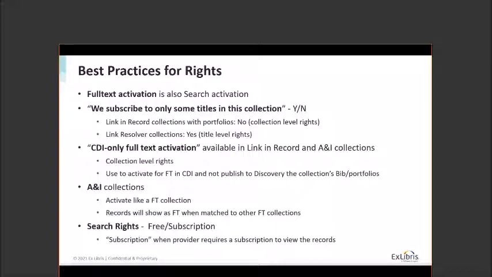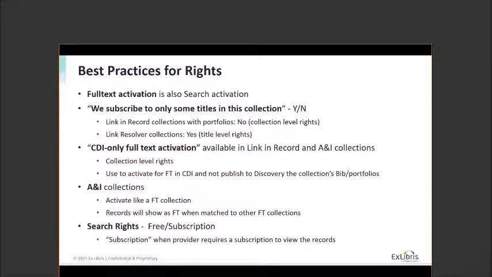In CDI, the only full text activation button is available in link and record and ANI collections. Here, this is another option to choose in the collection level rights. This activation is different from the basic activation of Alma for collection full text activation, because it enables you to publish the full text in CDI without publishing to discovery the collection bib or the portfolios.